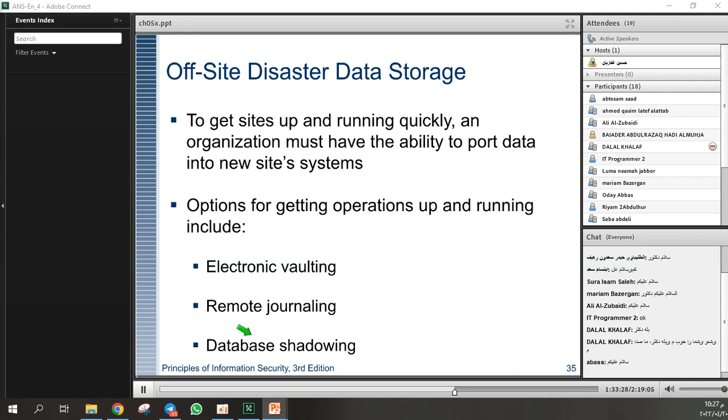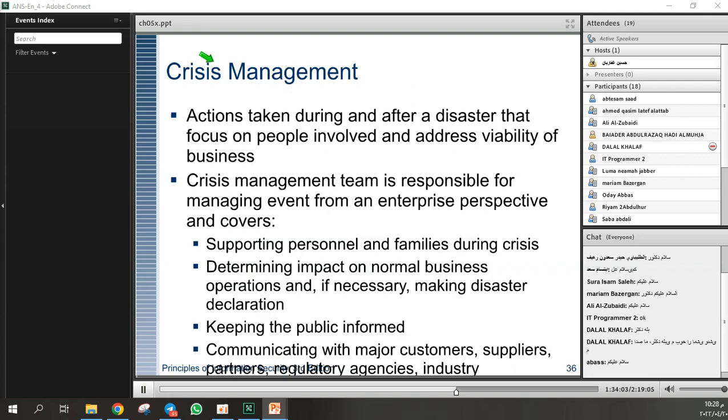For example, if you use database shadowing, it means that you can use the internet or data networks, and send the information inside your database to a remote database. So everything in database A would be copied to database B at the same time using data networks.